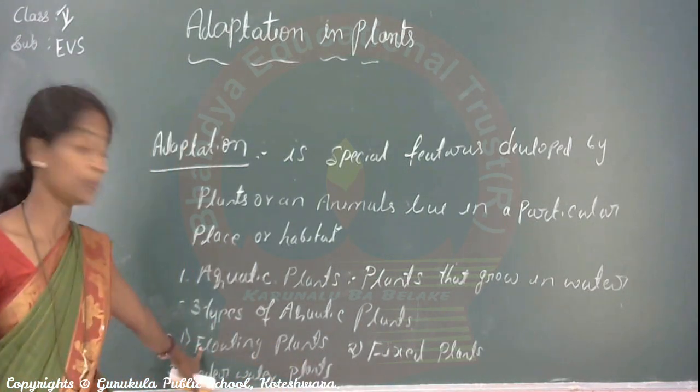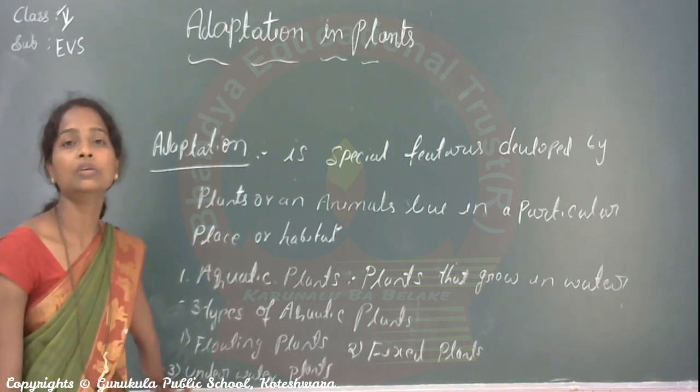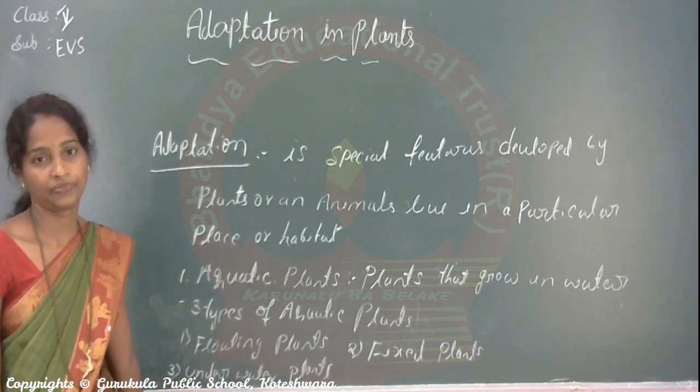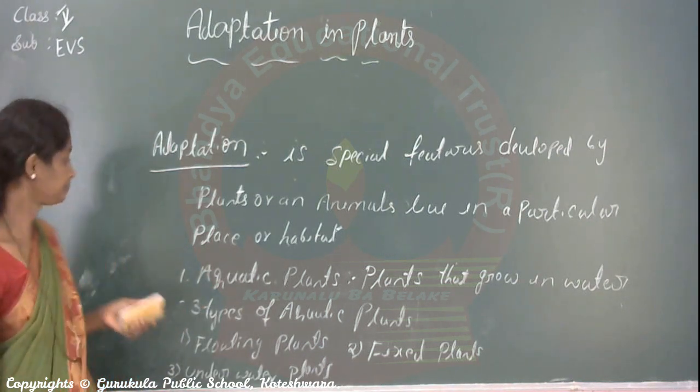One is floating plants. What is a floating plant? Already I taught you, is it? Second one is fixed plants. And the third one is underwater plants. There are three types of aquatic plants: floating plants, fixed plants, and underwater plants. Okay, let us discuss one by one.